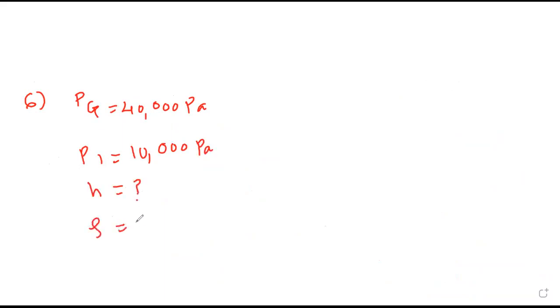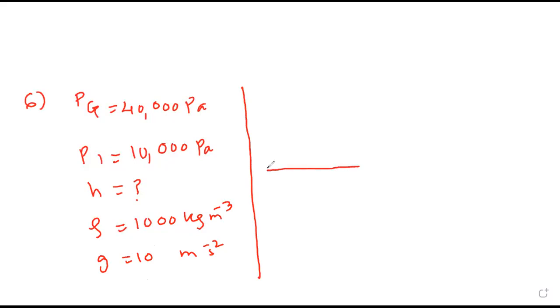Density of water is 1000 kg per meter cube, and g is equal to 10 meter per second square. See, this is the ground floor. So pressure is exerted on the ground.